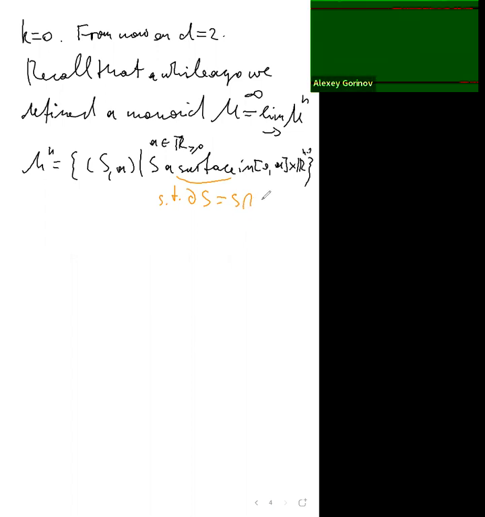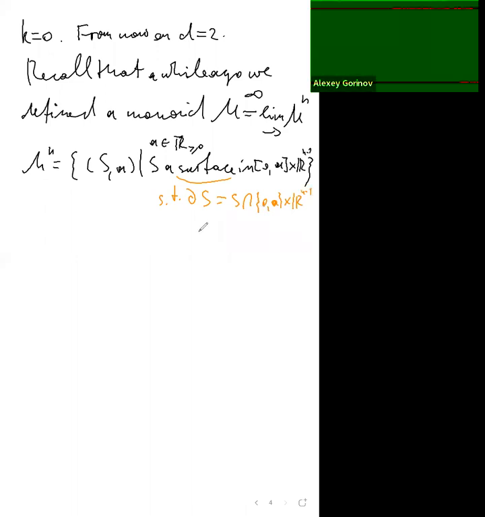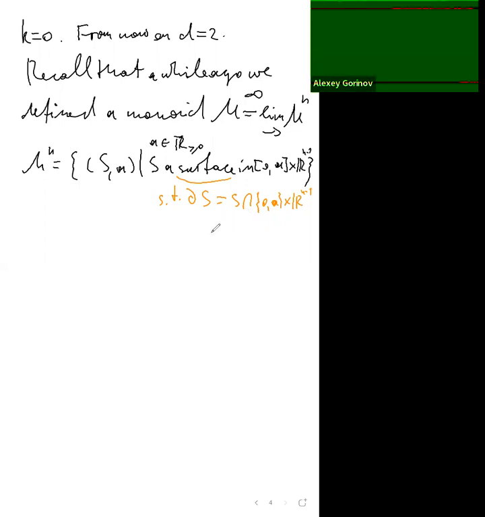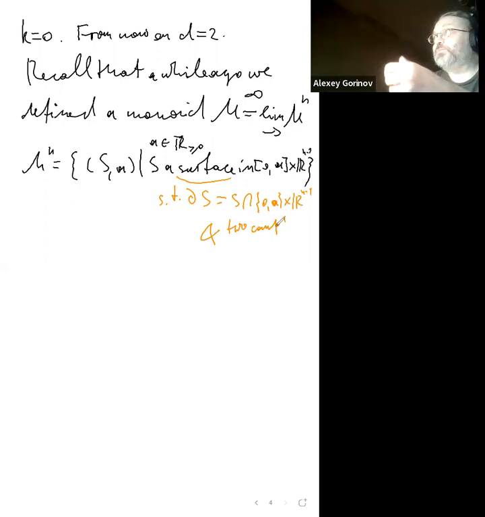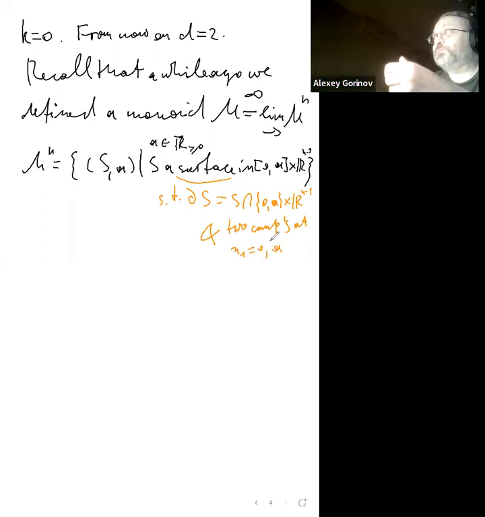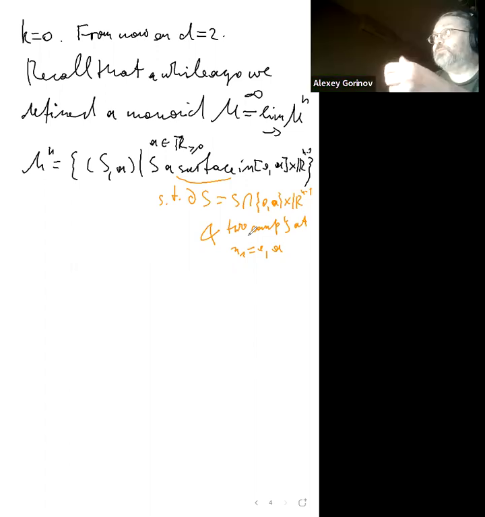the boundary is two circles, and those live in the hyperplanes.